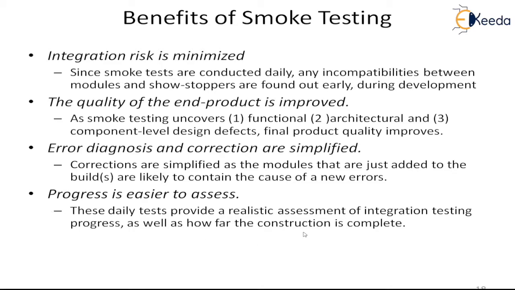During the construction phase itself, you know how many modules have completed the test, so they are in the complete phase, and how many have failed, so they have gone back to the developer. Part of the integration testing is complete and part of the construction is complete. So you know the status of the construction as well as the integration testing.